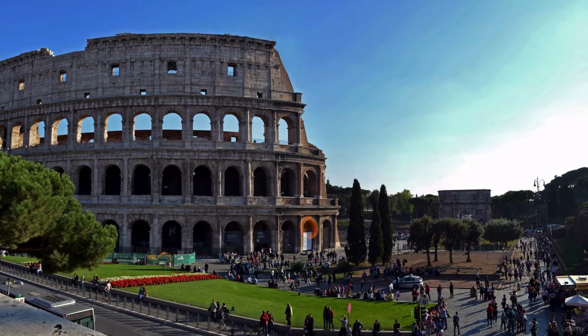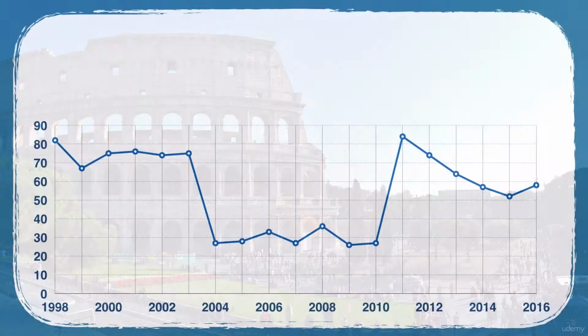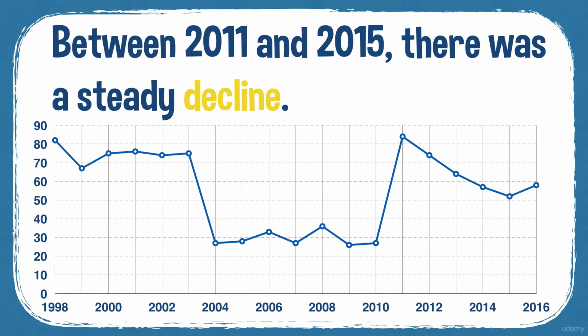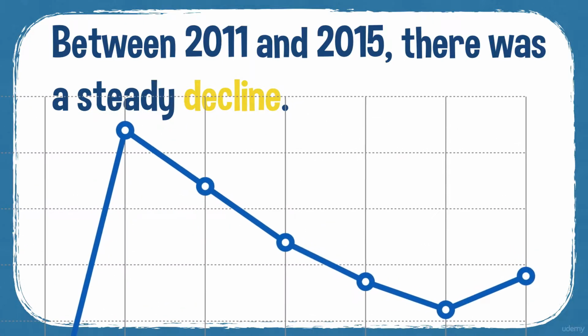So decline can also be used for something that happens over a long period of time. But it can also be used in a general sense, just like fall and decrease. So, for example, between 2011 and 2015, there was a steady decline.